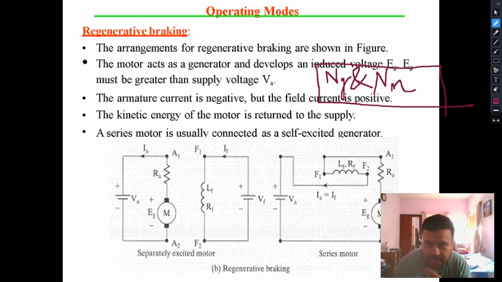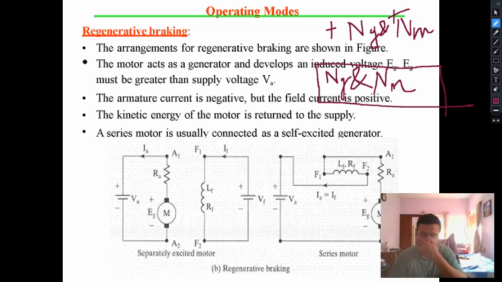You see that the sign of NG and NM is the same. That means their directions are unchanged.